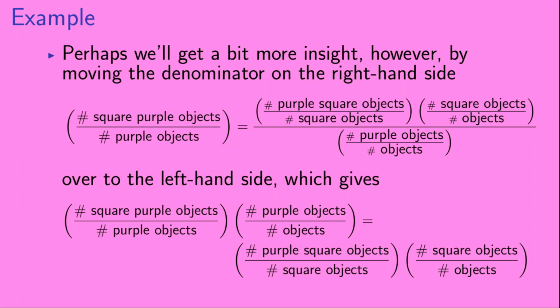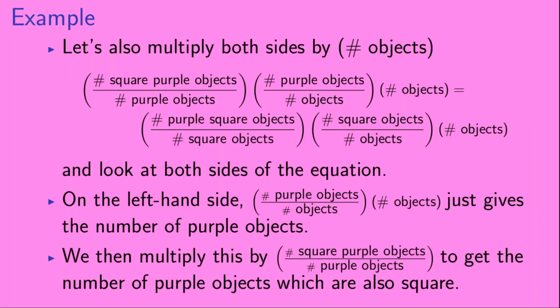And on the right-hand side, we get the number of purple square objects over the number of square objects times the number of square objects over the number of objects. Let's also multiply both sides by the number of objects and look at both sides of the equation.